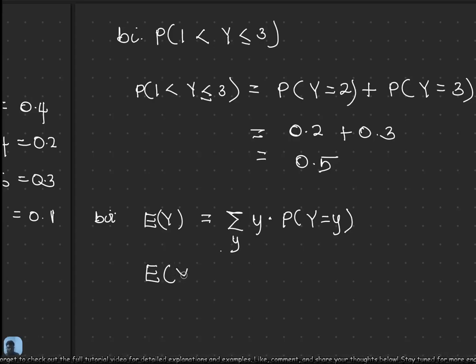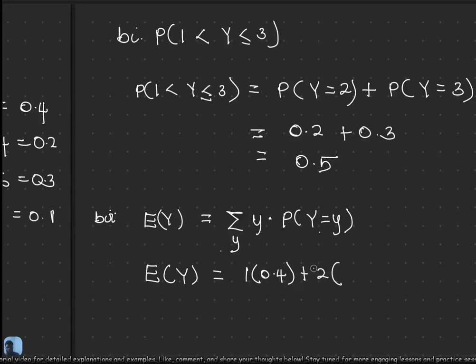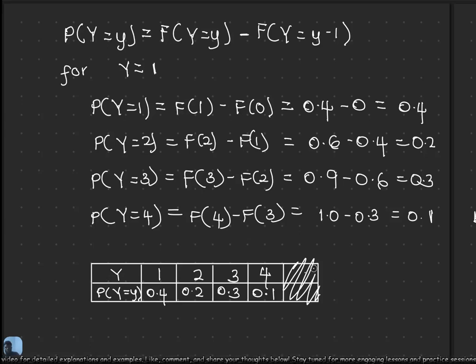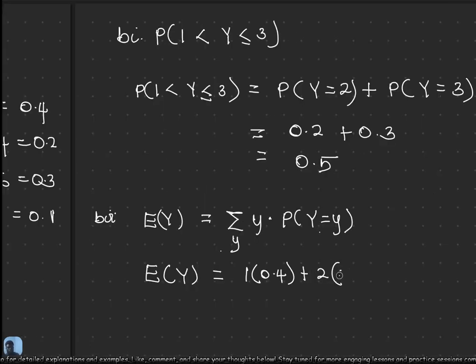So substituting and then solving. Our first one was what? 1. So 1 times, what was its value? 0.4. So 0.4 plus the next one was 2. And then its value was what? 0.2, plus the next one was 3. Its value was also 0.3. And then 4's value was 0.1.